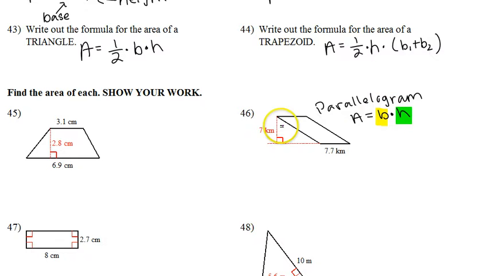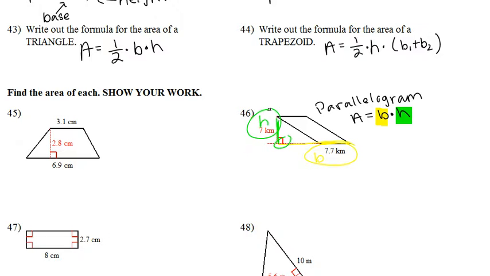So my base of this polygon will be this bottom line right here, and this bottom line is labeled as 7.7. So my base is 7.7. I'm going to label that with a little b. And my height makes up the other side of the 90-degree angle. Notice how the yellow and green line form this 90-degree angle right there. My height is 7.